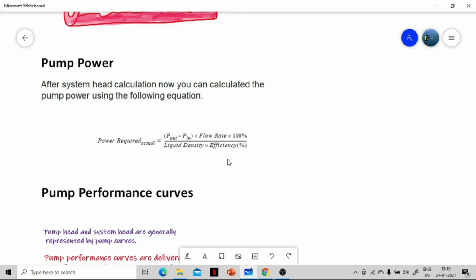If you do not know the efficiency of a pump, take 0.7 as a first approximation, and then consult the pump supplier for the efficiency, but it will give you the basic idea of how much kilowatt power motor is required for pumping a particular fluid for your application.